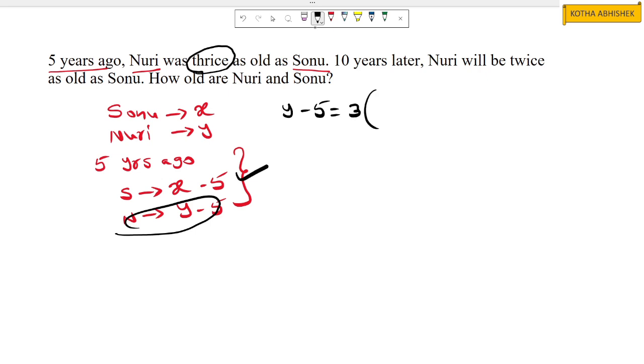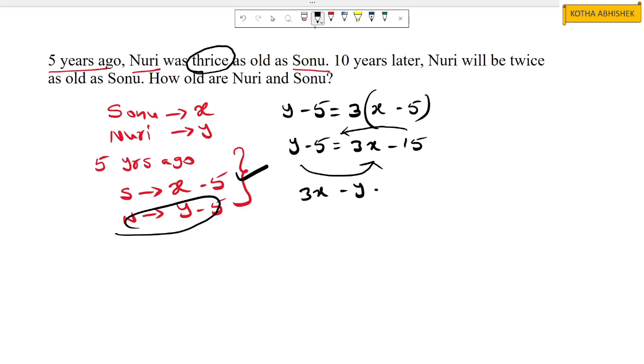Sonu's age was x minus 5. Now if we solve this one, we'll get the first equation. So y minus 5 equals 3 into x, 3x minus 3 5s are 15. Now I am taking y to this side and minus 15 to the left side. So 3x as it is plus y becomes minus y, which equals minus 5 as it is, minus 15 becomes plus 15. 3x minus y equals 15 minus 5, 10. This is equation number 1.